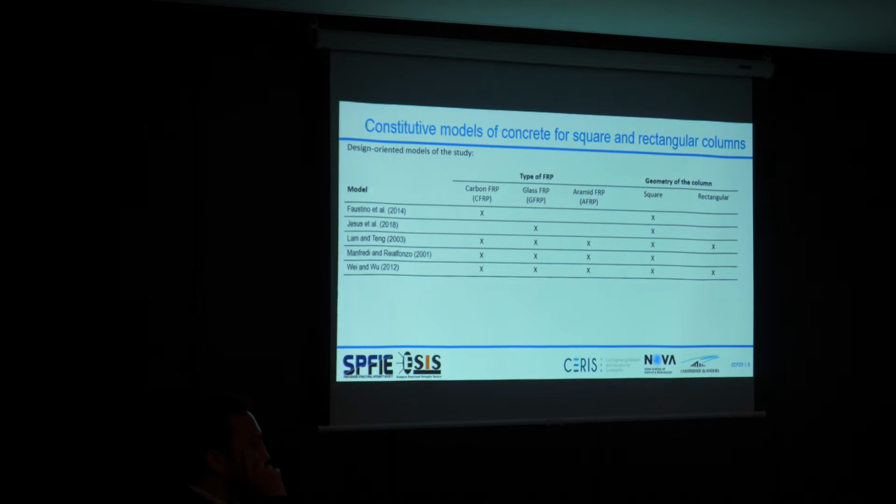But the model by Jesus et al. can be applied only to square columns confined with GFRPs, and the model by Faustino et al. can be applied only to carbon FRPs.